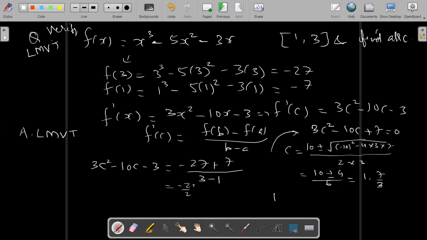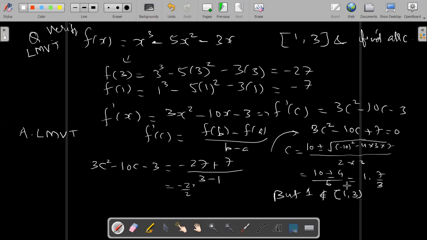But 1 will not belong to the interval; c should belong to the open interval (1, 3).